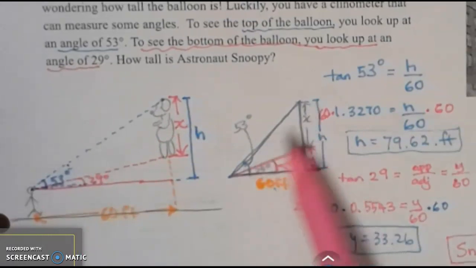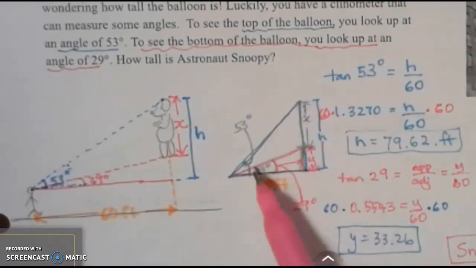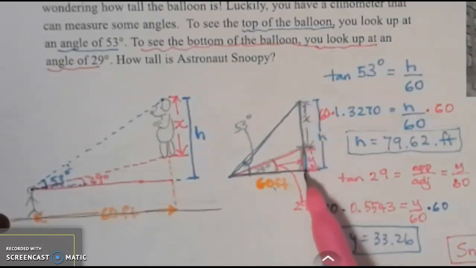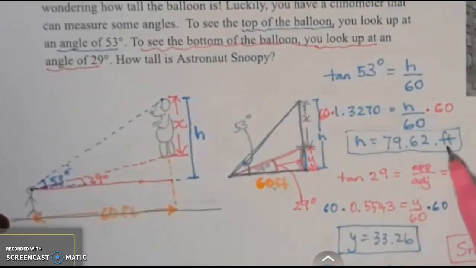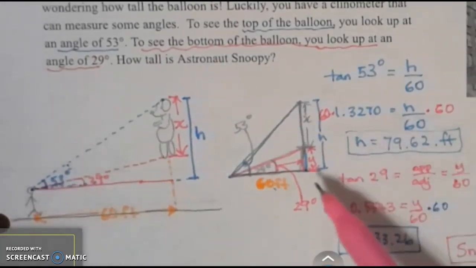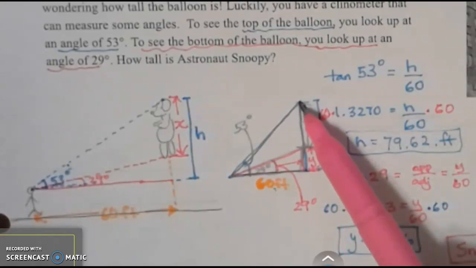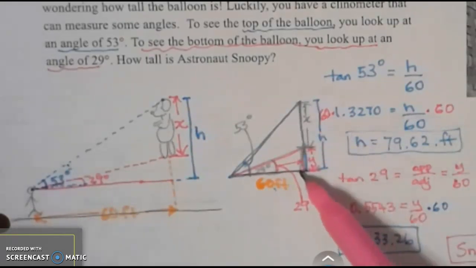So then I calculate for my big triangle, I calculate the height, and I calculate that to be 79.62 feet. Okay, so that is how high the tip of the Snoopy is above ground.